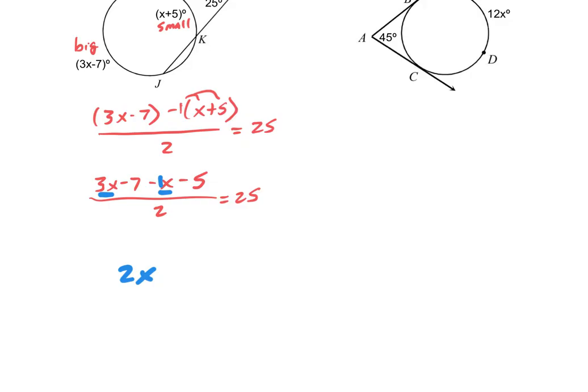Really watch your signs here. -7 minus 5 would be -12 over 2. And really, here's where you can combine 2 steps. We've already done it a couple of times today. If you wanted to go ahead and multiply by 2 at the same time, because those 2 steps are kind of separate of one another, you could do that. And now it's just a 2-step equation.